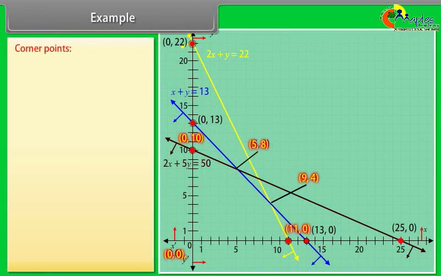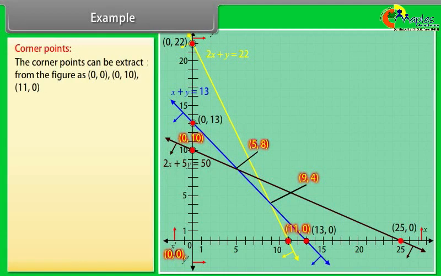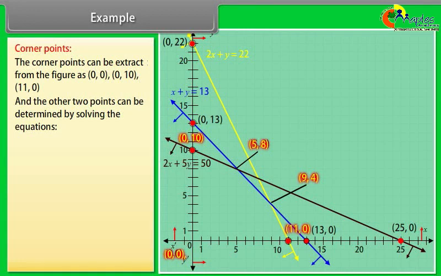Let's find the corner points. The corner points can be extracted from the figure as 0, 0, 0, 10, and 11, 0, and the other 2 points can be determined by solving the equations 2x plus 5y is equal to 50 and x plus y is equal to 13.